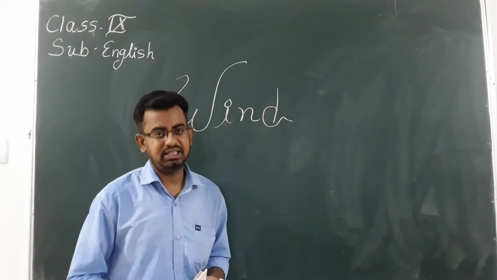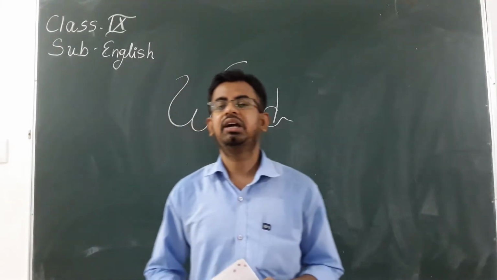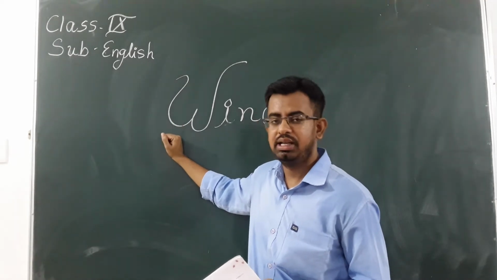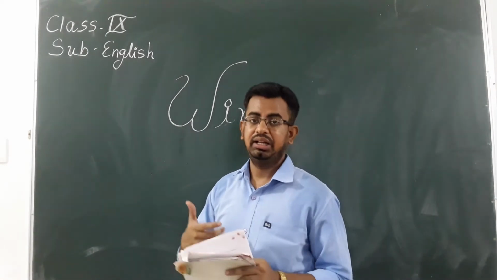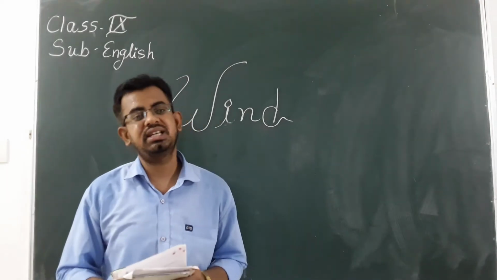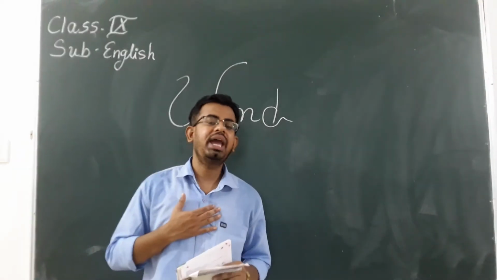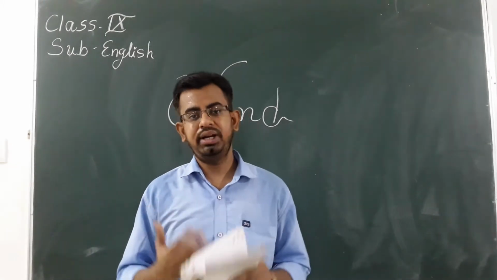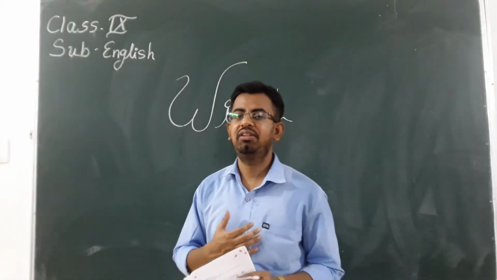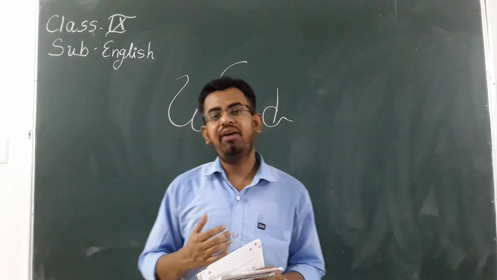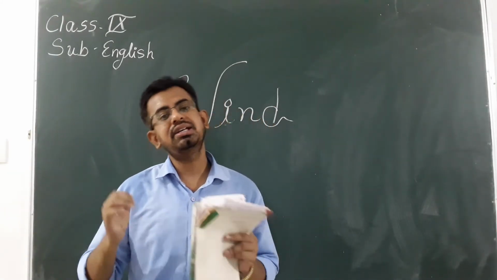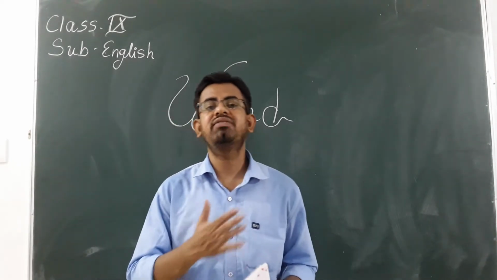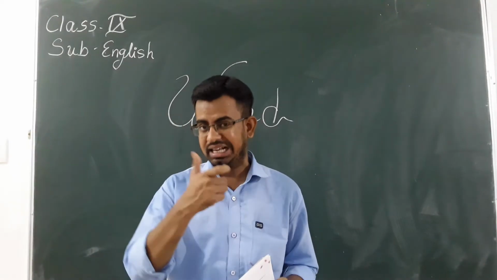In the first line itself, we had seen that if you request the wind, he is not going to listen. So now in these lines, the poet is suggesting how we can save ourselves from the wind. To save ourselves from the wind, we have to make ourselves very strong. And how can we do that? First, we have to have a steadfast heart.